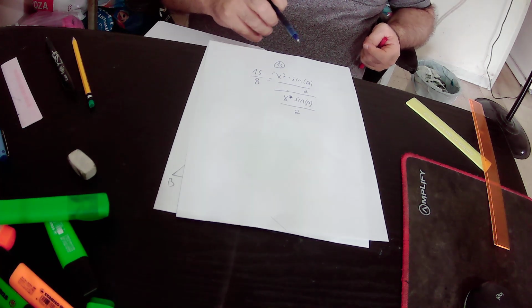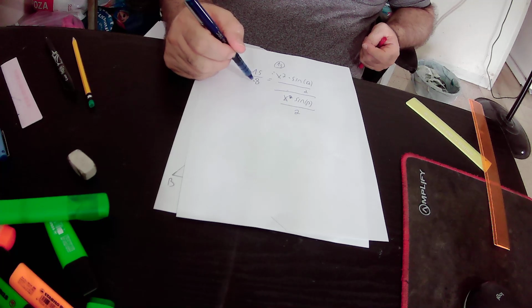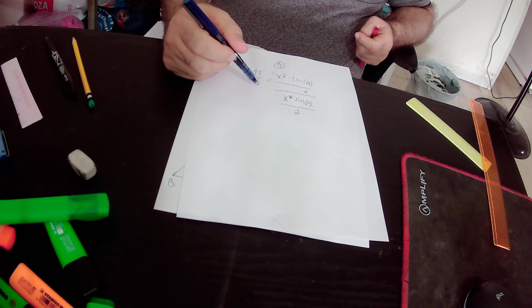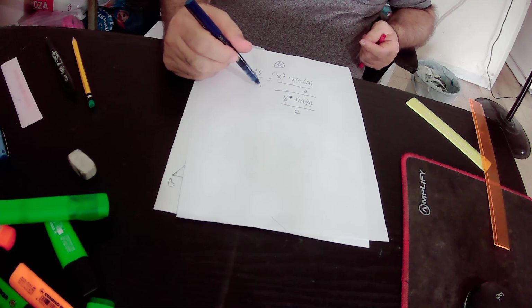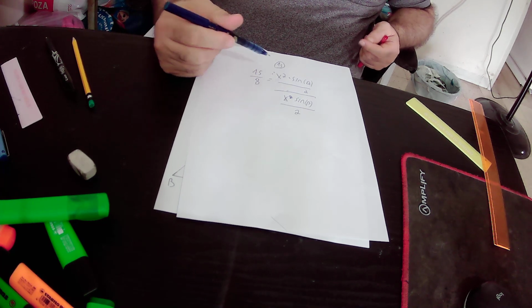That is the formula for the area of any triangle that I presented to you. And the area of the small triangle, which equals 8 square units, is expressed by the same formula. It equals x squared times sine p over 2.